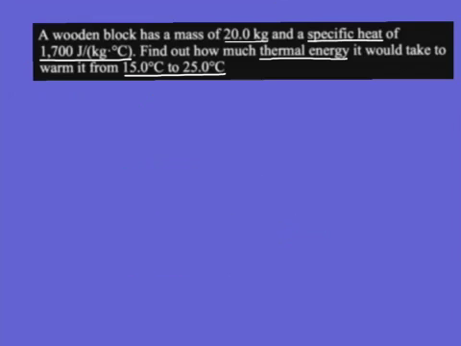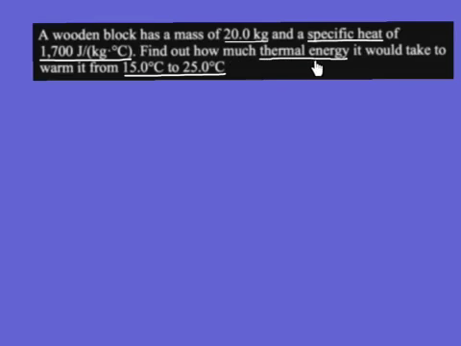Okay, so here's an example of calculating thermal energy. I got this from the 5-2 Thermal Energy Transfer 1 notes from Mr. Weiss. A wooden block has a mass of 20.0 kg and a specific heat of 1,700 joules per kg times degrees Celsius.